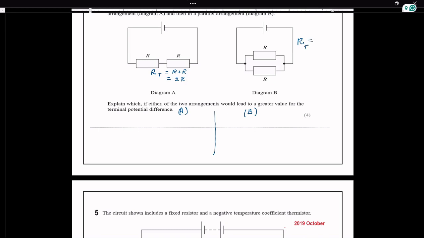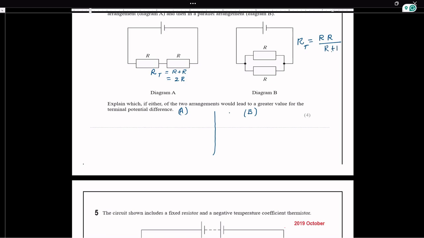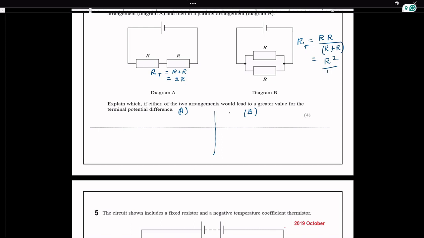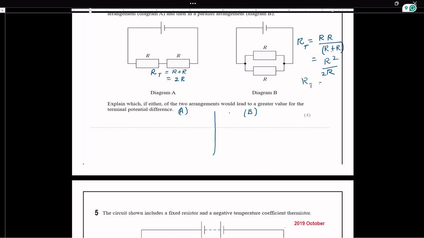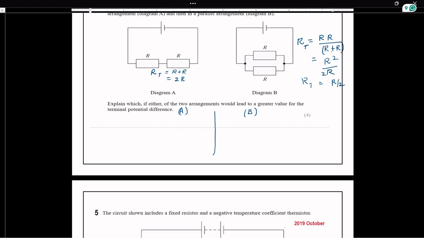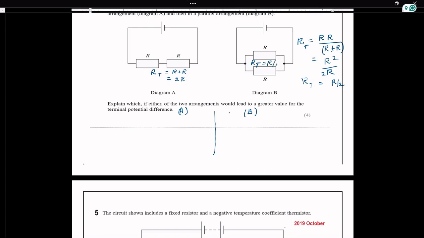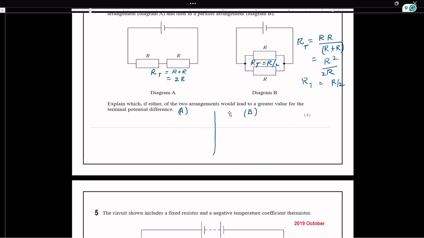When two resistors are connected in parallel, the total resistance is the product over the sum. So here R squared over 2R, cancelling 1R, the total resistance is R by 2, half of each resistor.